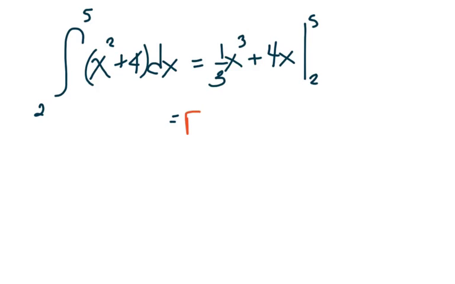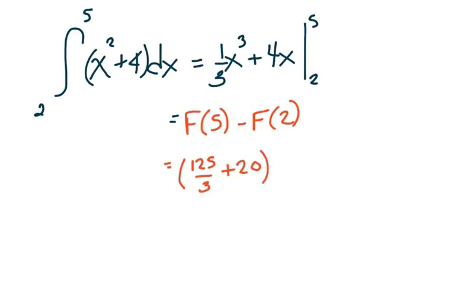Now we're going to take f of 5 minus f of 2. F of 5, when you plug 5 in, you get 125 thirds plus 20, minus, when you plug in 2, you'll get 8 thirds plus 8.